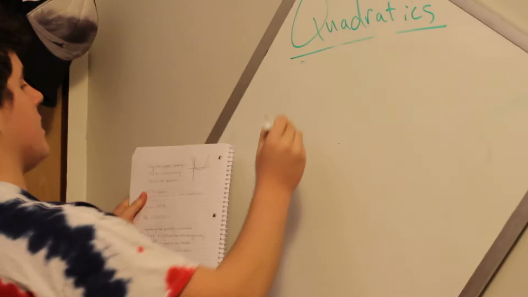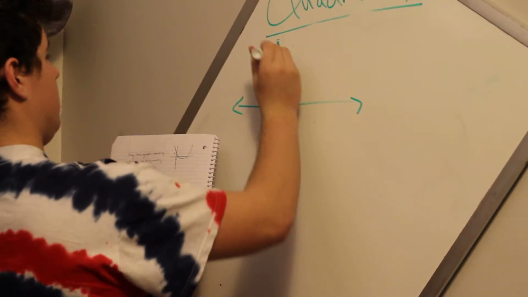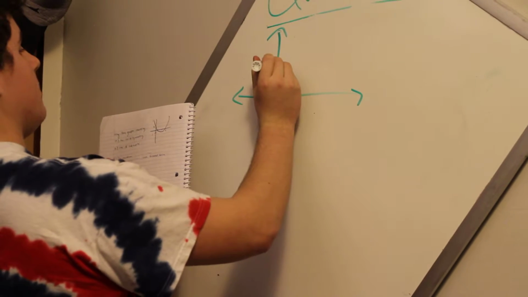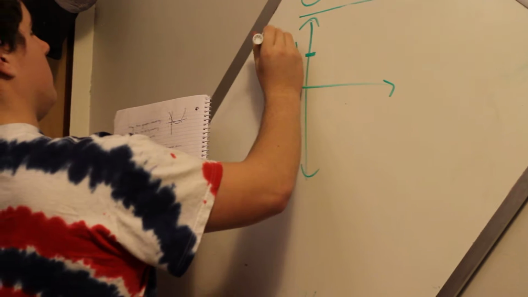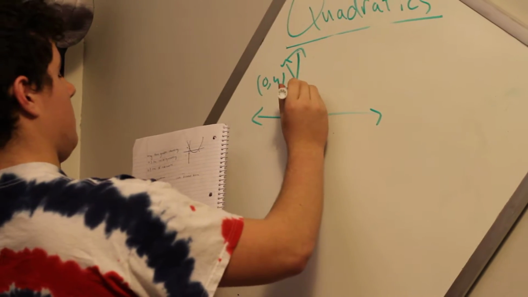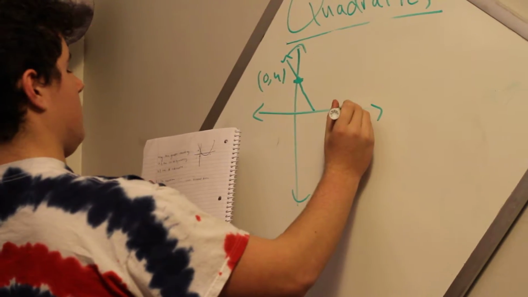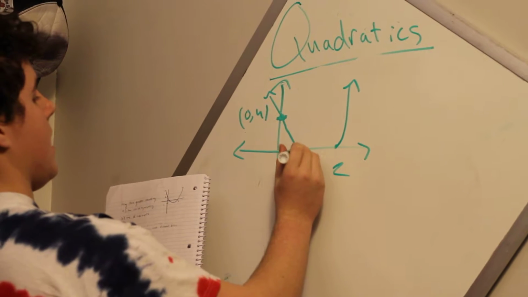So the first one is, given this graph right here, where we have an intersecting point of 0, 4, and intersecting points of 2 and 1 for the x.